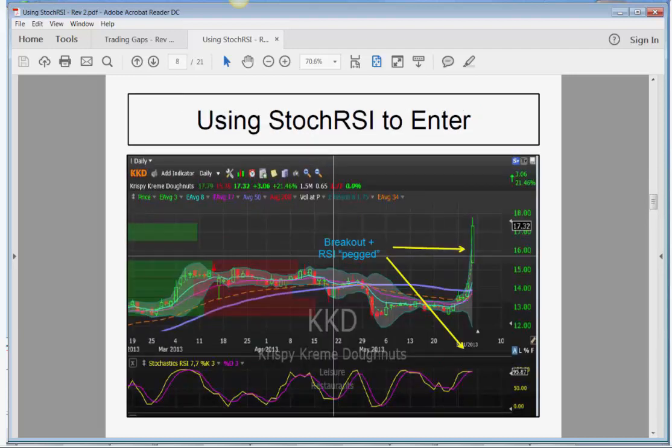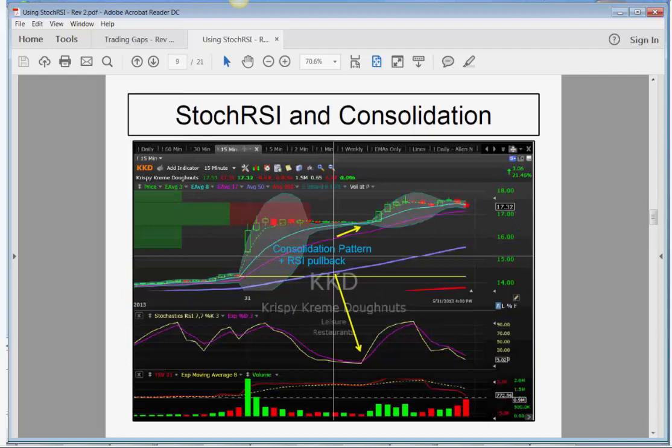KKD. Break out, the RSI's pegged. Oh, it's time to go short. You can't go long forever. Consolidation pattern. What happens in consolidation? It's basically resting. It used up all its energy to climb the mountain, and then it got to the top.